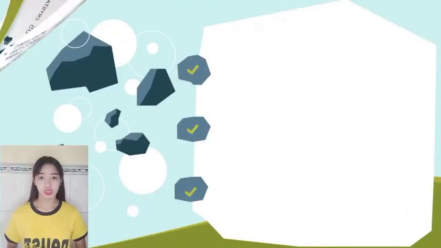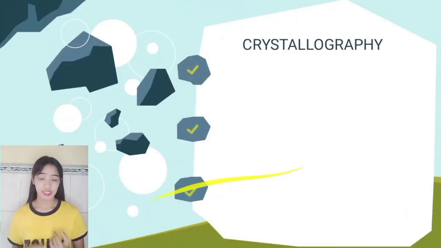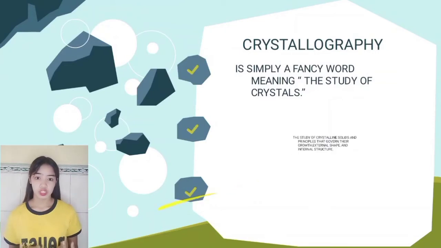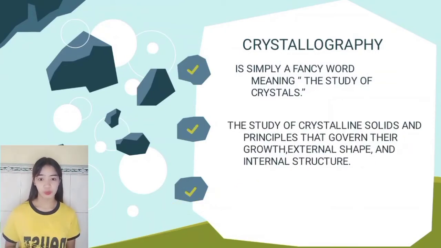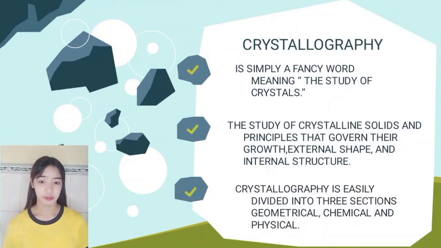So what is crystallography? Crystallography is simply a fancy word meaning the study of crystal. It is the study of crystalline solid and principles that govern their growth, external shape, and internal structure. Crystallography is easily divided into 3 sections, which are geometrical, chemical, and physical.